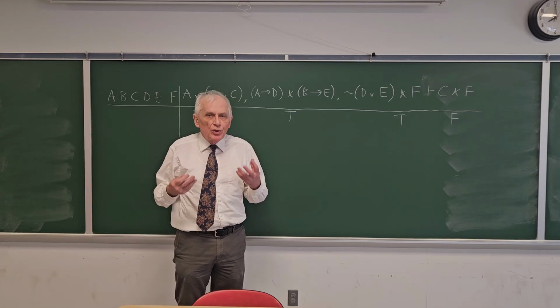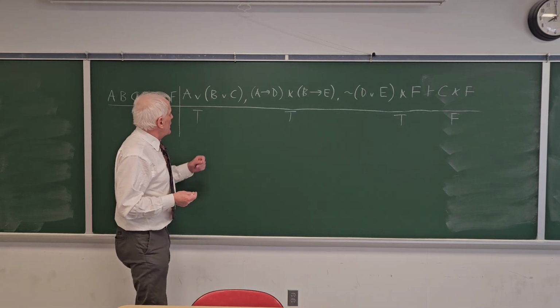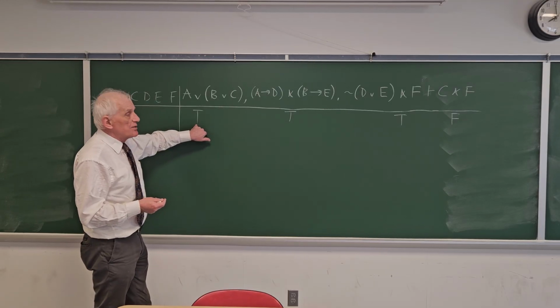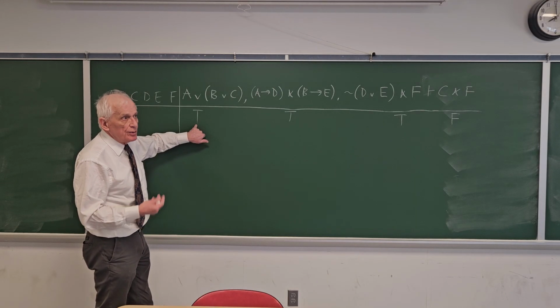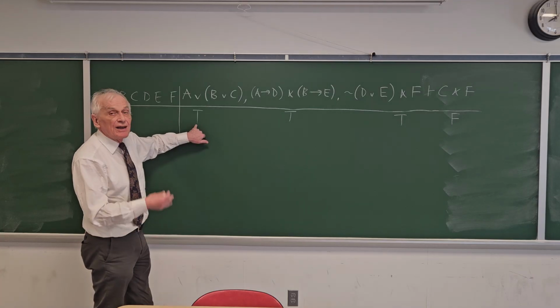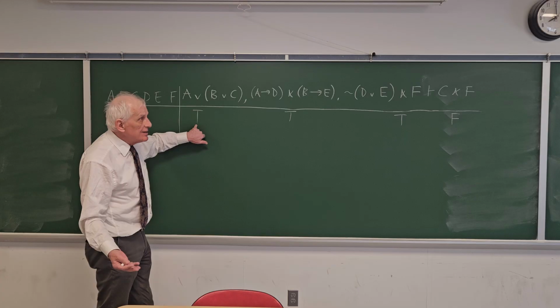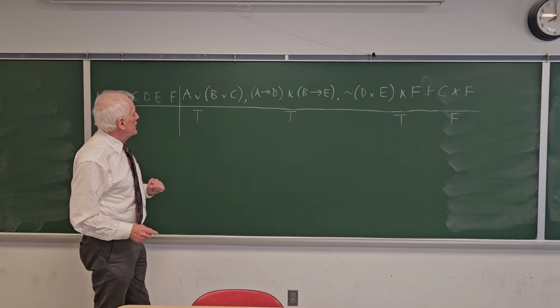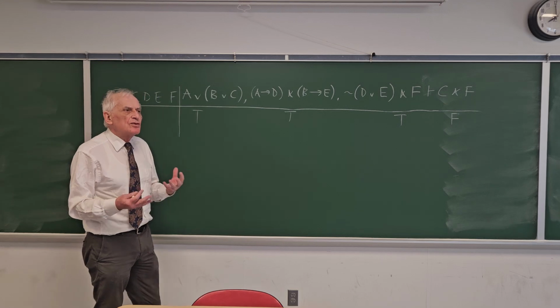Having no choice is good in this sense. So, as I said, there's at least three ways this could be true. A could be true, or B could be true, or C could be true. And actually there are more ways than that. A and B could be true, A, B and C could be true, and so on. So there's a lot of ways of making the first premise true. So we haven't too much choice there.